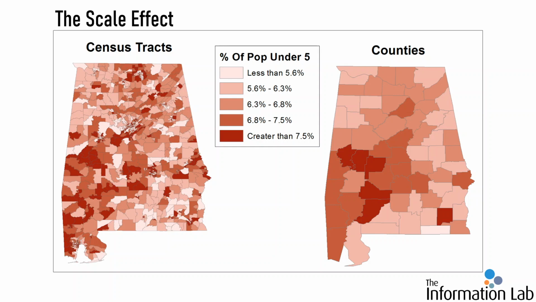And that can give a false impression of sameness in the area we're looking at. We effectively lose important spatial information if we aggregate to too large a region. We lose the variation that is inside the area we've chosen. You can see that if you look to compare census tracts with counties.